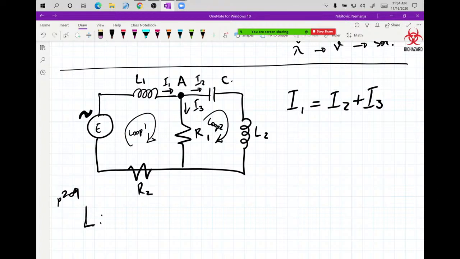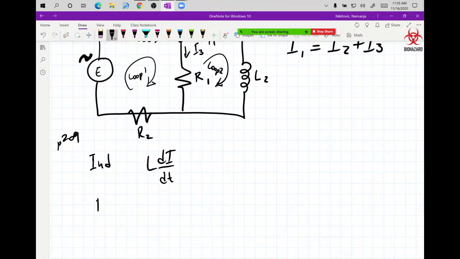For inductor, you have L di/dt. For resistor it is Ri. And for capacitor it is 1 over C times Q, but Q was the second derivative of I. And this is where you get your second derivatives.